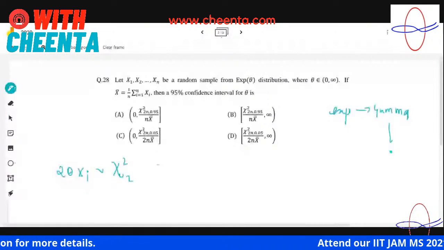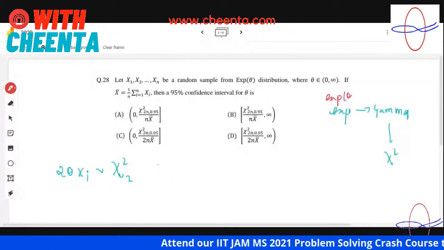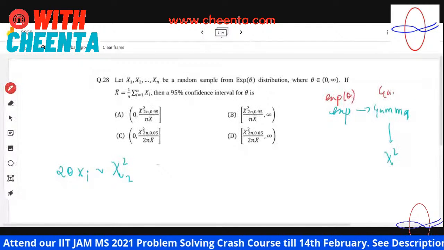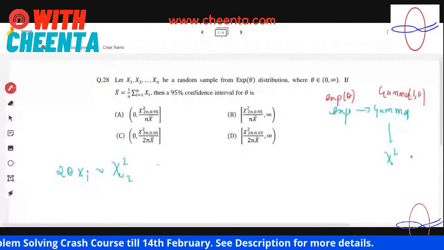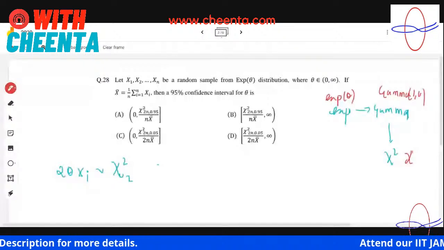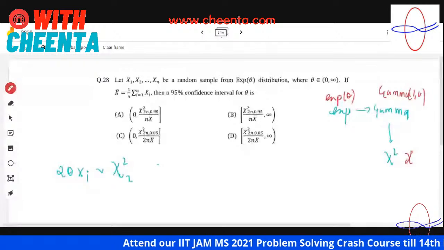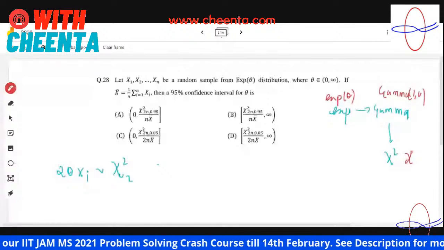Exponential theta is the same as gamma 1 comma theta, and if you multiply by twice theta, gamma 1 comma theta becomes chi square. Perfect.